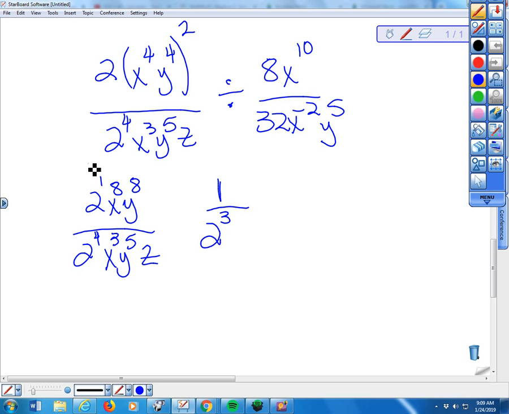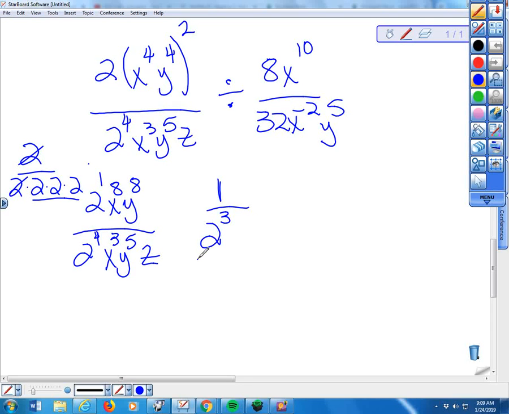That's what these cancel to be. Does everybody see that? No, because, well, this is 2 on top, 2 times 2 times 2 times 2 on bottom. This cancels with this, and I'm left with 2 cubed on bottom. Okay, we'll talk about negative exponents tomorrow, and it'll make more sense, but for now, this is this.